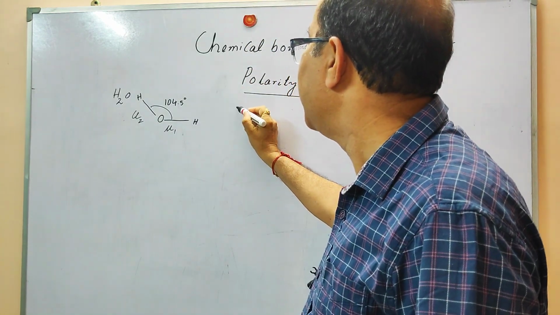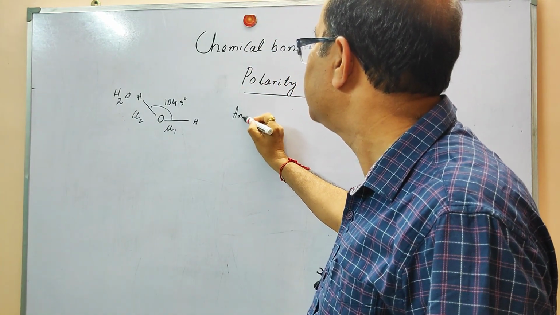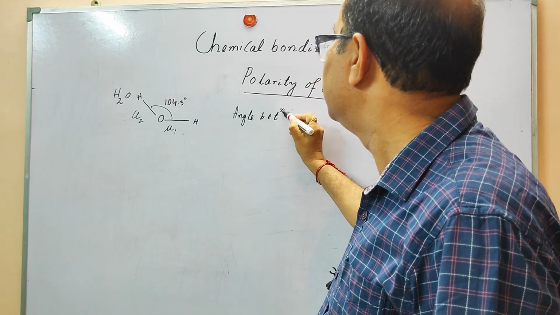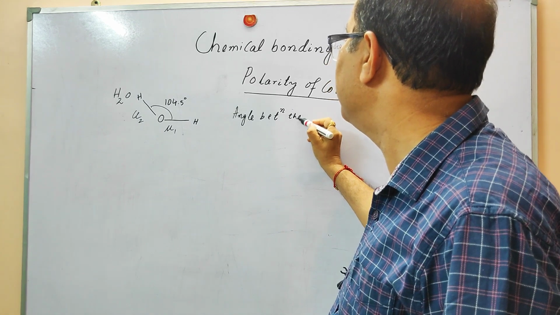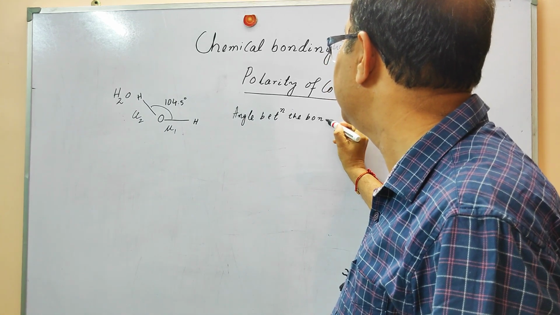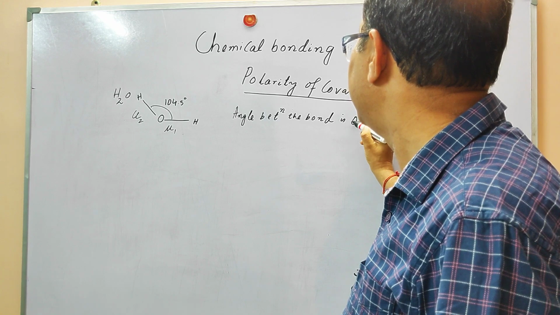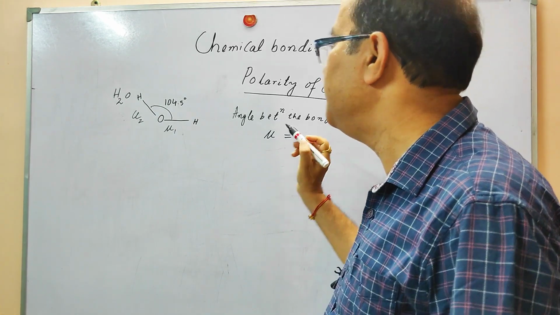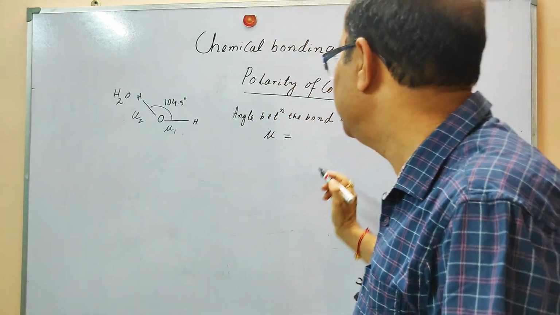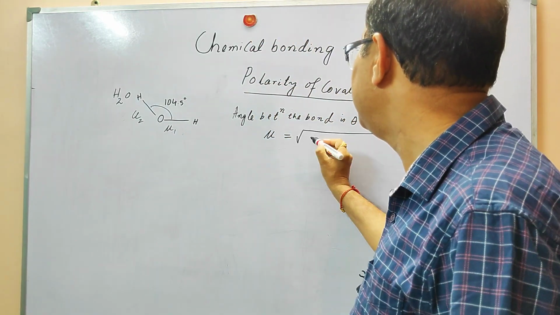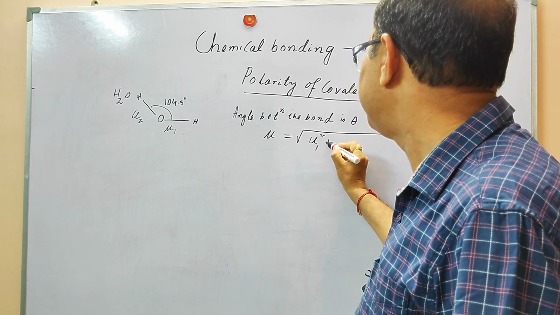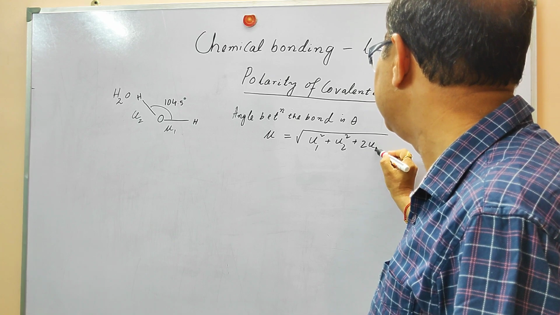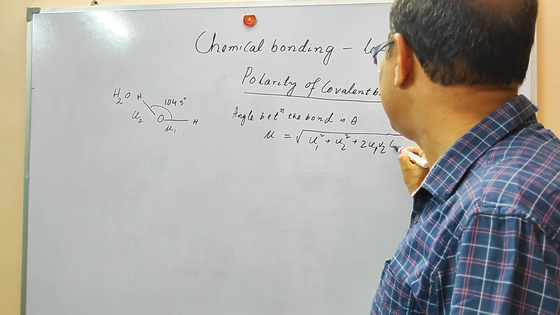Suppose the angle between the bonds having the dipoles is theta. At that time, you can write the resultant dipole moment of this molecule: mu equals the square root of mu1 square plus mu2 square plus 2 mu1 mu2 cos theta.